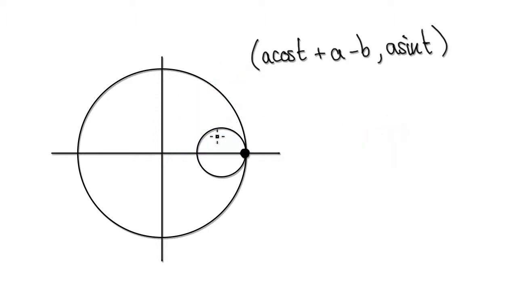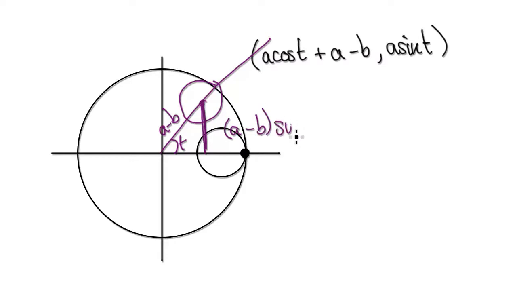Let's start again here. For given time t, the center of the small circle should be right here. The hypotenuse is a minus b, so the height would be (a minus b) sine t, and the base would be (a minus b) cos t.